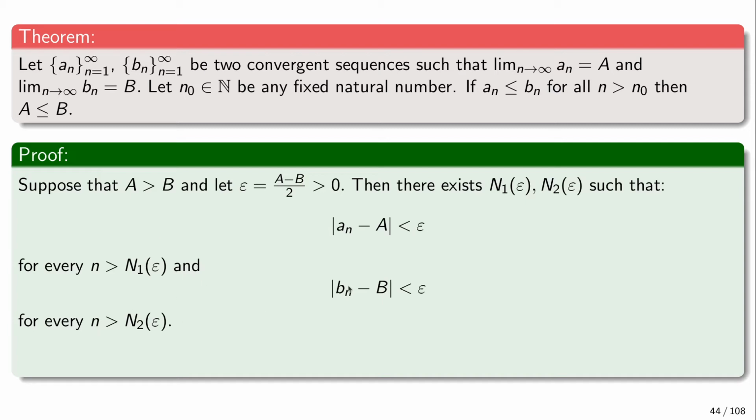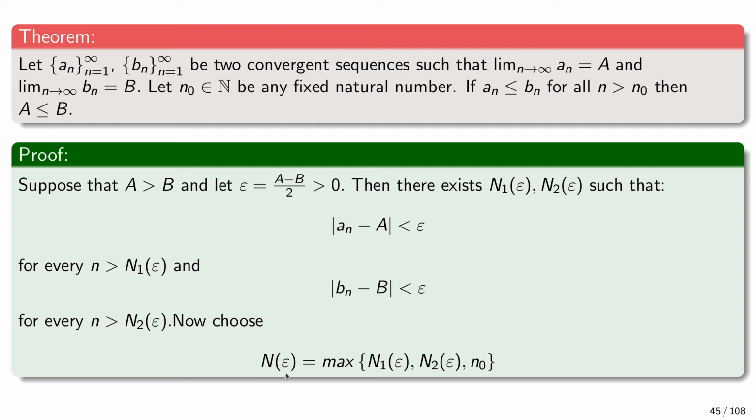And we have a number n2 such that the distance of bn from b is smaller than this epsilon. And now, you probably guessed the next step, we choose the number n epsilon to be the maximal of those two numbers. Then those two conditions are going to hold simultaneously, and we'll see how we derive the contradiction.